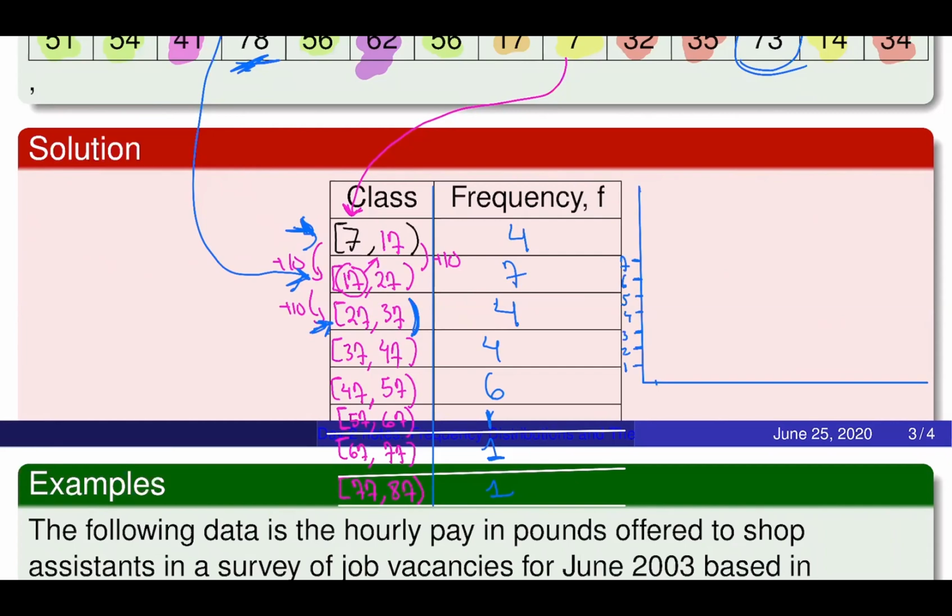So we start at 7, then 17, then 27, 37. Remember, the bin width or the bin size is 10, so we're jumping by 10. Everybody good so far with that?